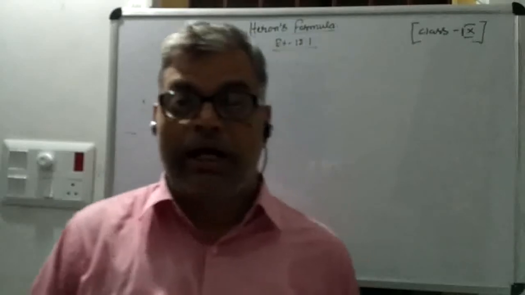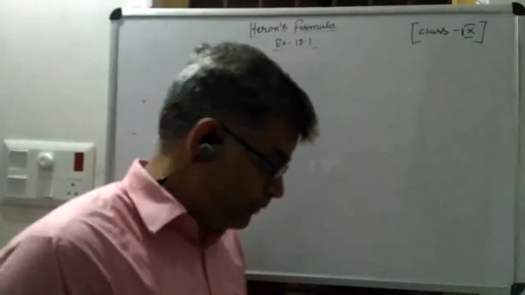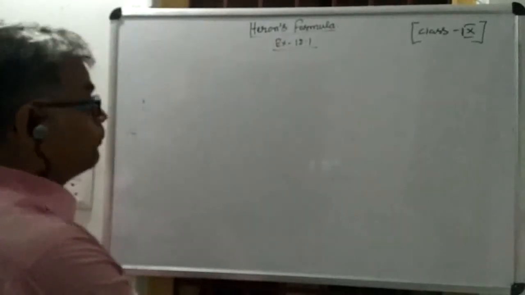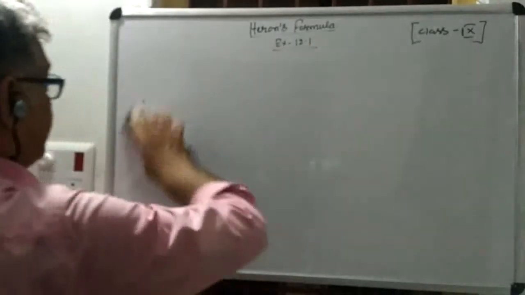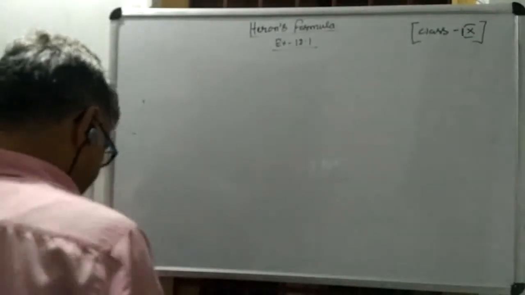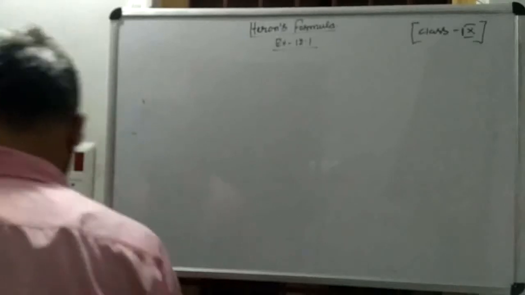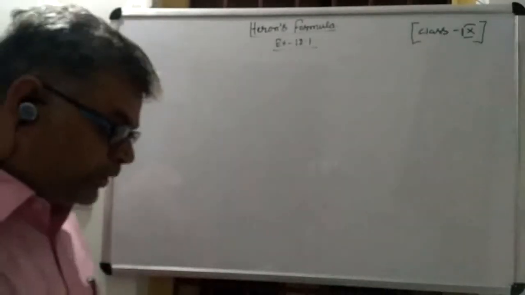Now today I am proceeding from there, taking a few more questions from the exercise to explain Heron's formula used in calculating the area of the triangle. So let's see question number 3.